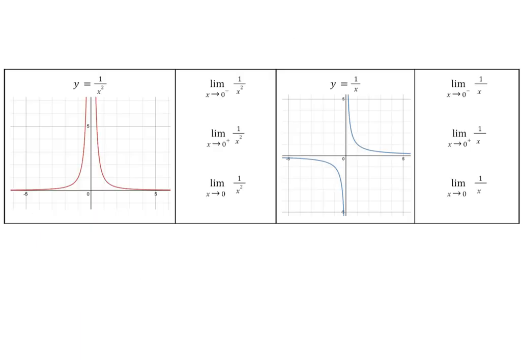So let's look at these two graphs. First one, y equals 1 over x squared, looks like this. What is the limit of the function as x approaches 0 from the left? From the left, I'm getting closer to 0. It is approaching not a specific value, but it's approaching infinity. And now the limit as x approaches 0 from the right. Okay, I'm approaching it from the right. Zoom up. Hey, that also approaches infinity.